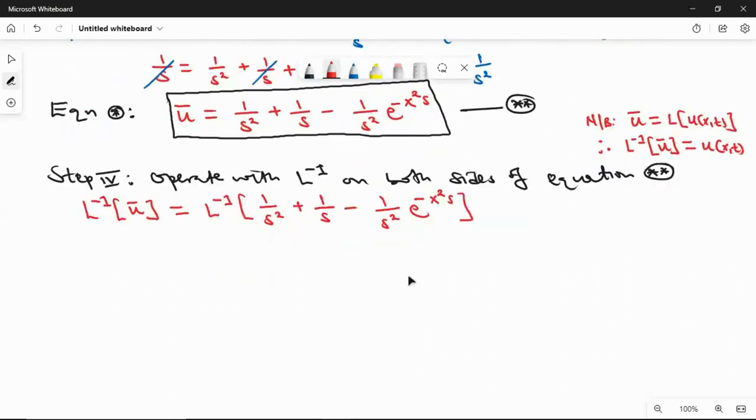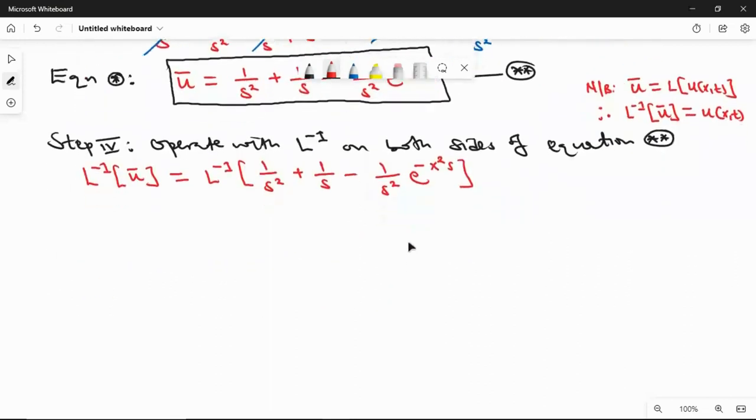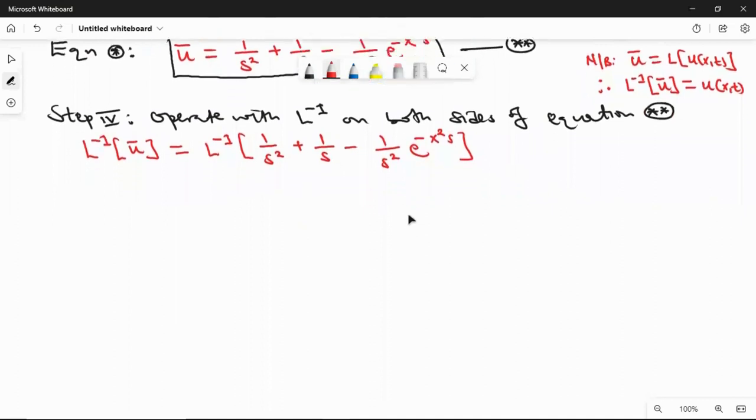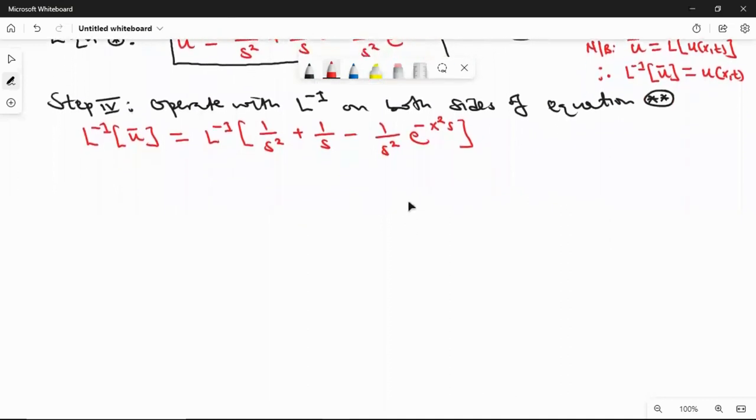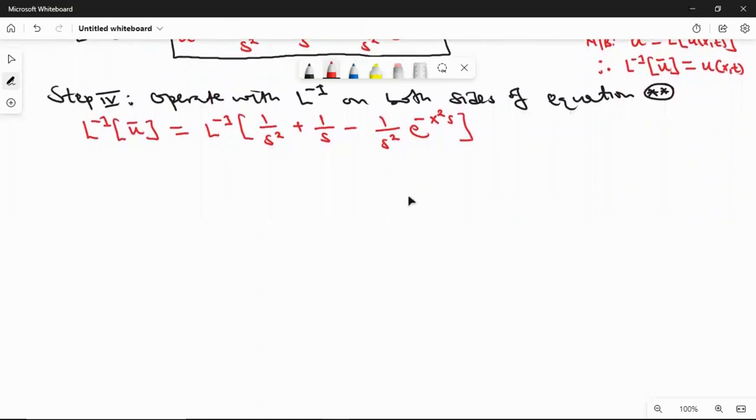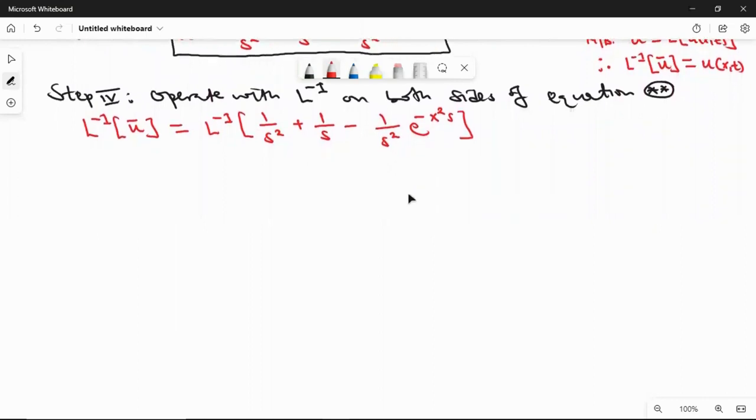And you see the Laplace transform operator and even the inverse operator have the linearity property. We are going to use the linearity property of those two operators to rewrite the right-hand side of this equation.